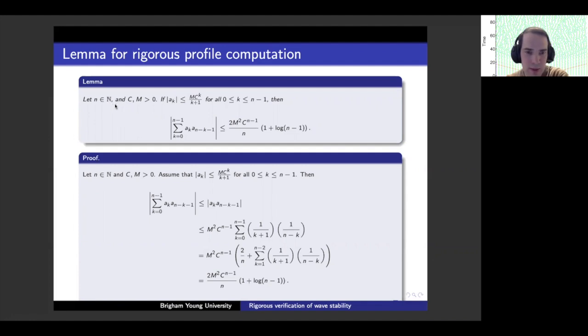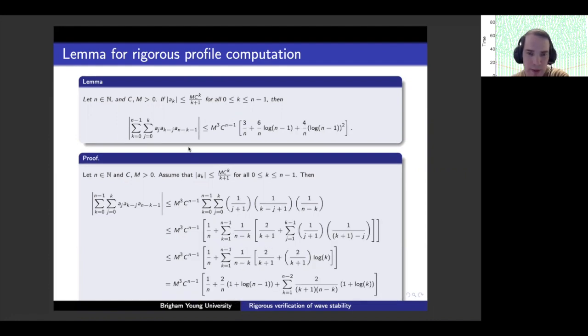Okay, so using that lemma that we just looked at, we can now say something about the actual convolution of coefficients. And again, this is just standard manipulation of series, and then using our lemma to change it to a log. Then we've got to do the same thing with that convolution that involves three terms. We're going to end up with a log n squared term, but that's okay because it'll still be divided by n.